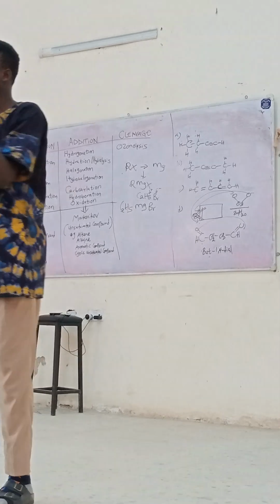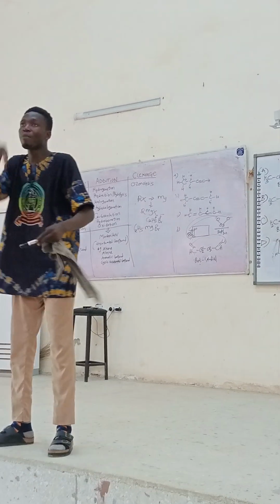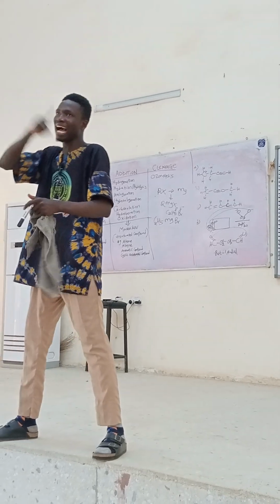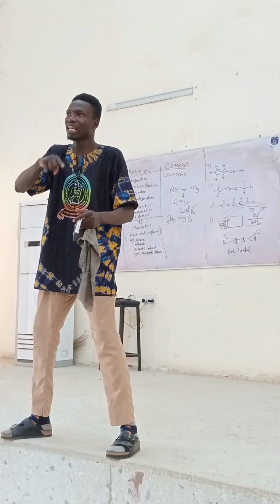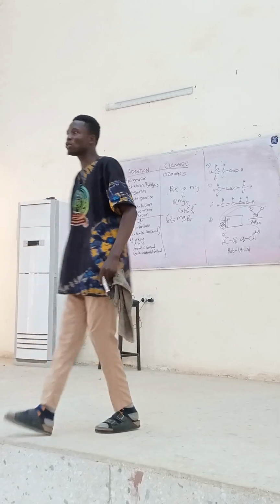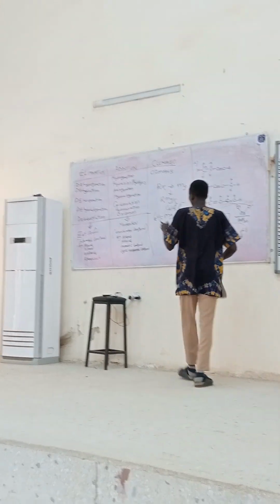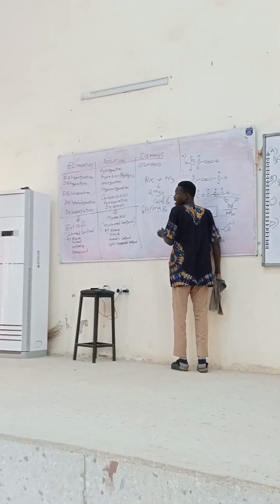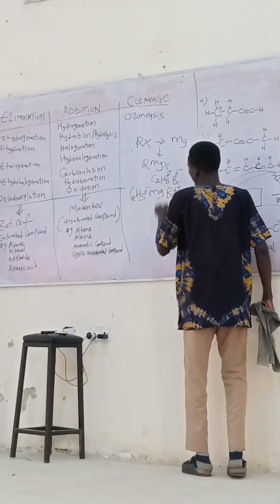But in Grignard, the charges have been exchanged. The presence of that magnesium has transferred the minus on the halogen to the alkyl group and given the plus back to the bromine.